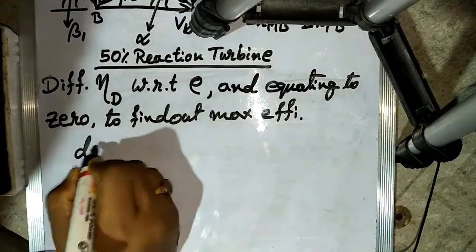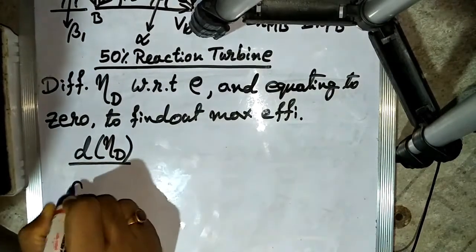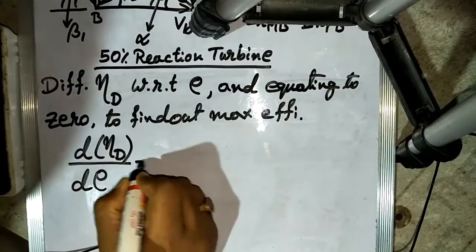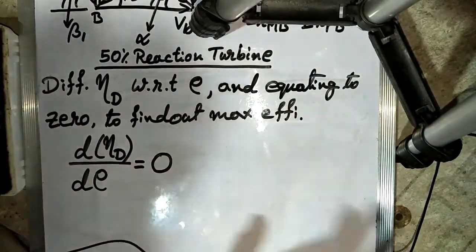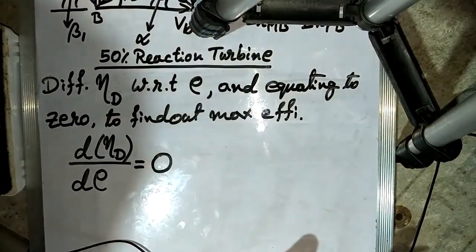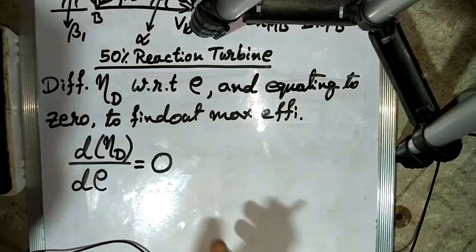That means d eta by d rho is equal to 0.